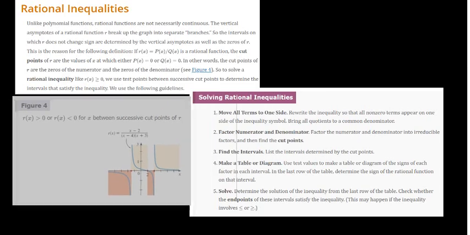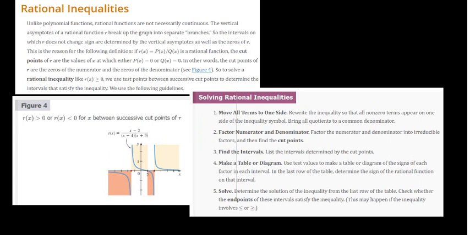Okay, here we go. So, unlike polynomial functions, rational functions are not necessarily continuous. The vertical asymptotes of a rational function R break up the graph into separate branches. So the intervals on which R does not change sign are determined by the vertical asymptotes as well as the zeros of R. This is the reason for the following definition.